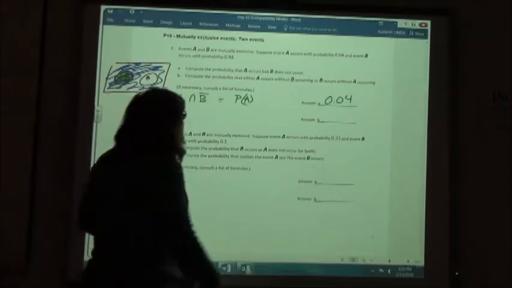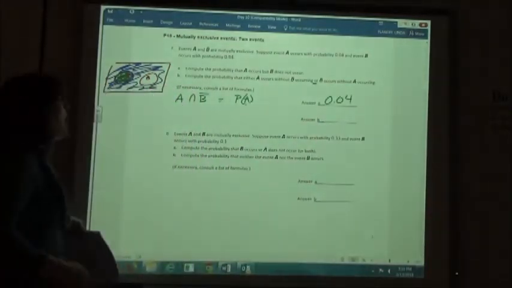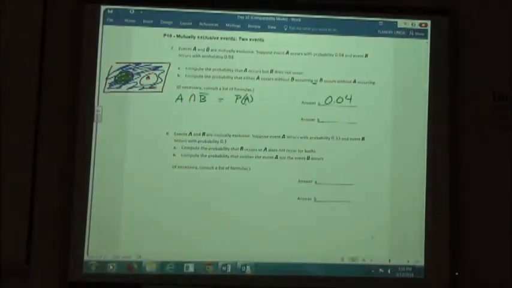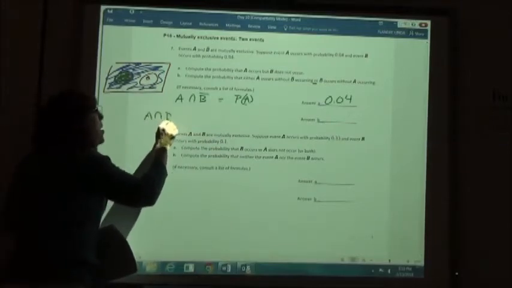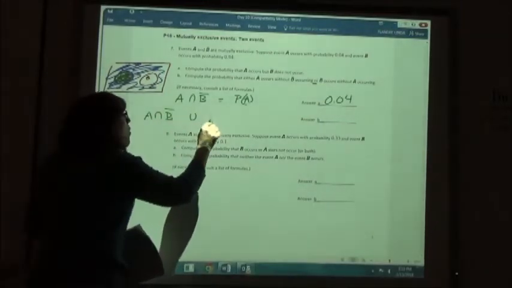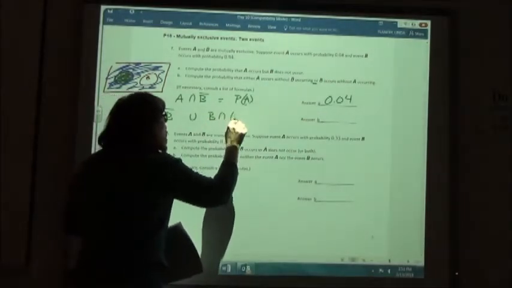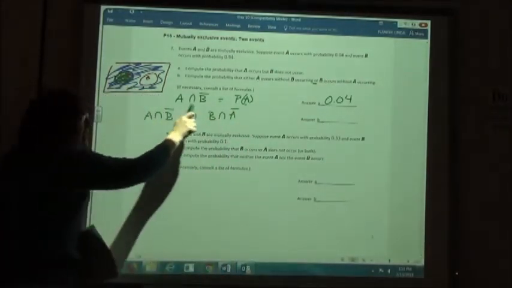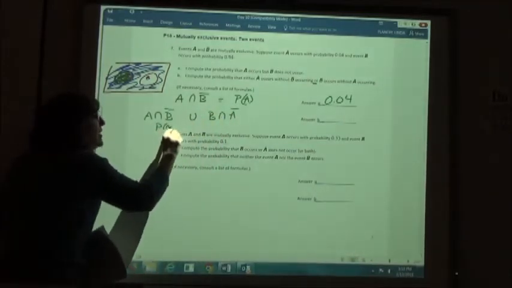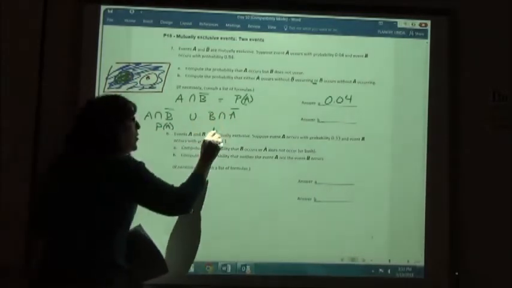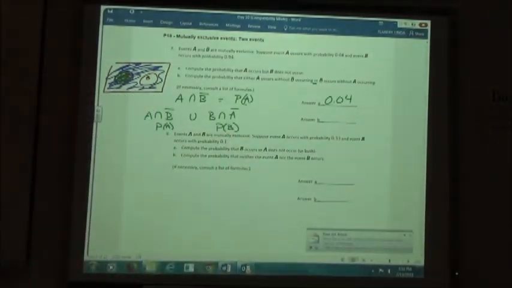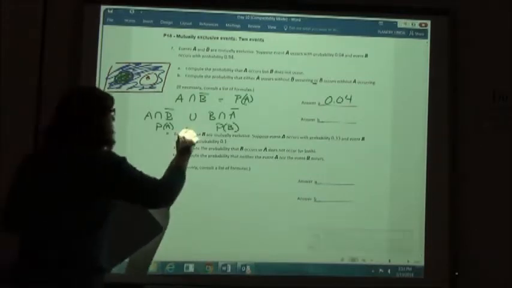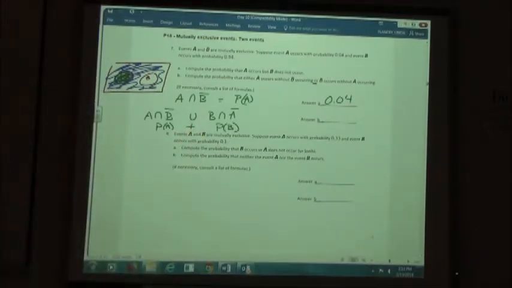The next one is one that has an OR. Compute the probability that either A occurs without B or B occurs without A. So again, if A is going to occur without B, or B is going to occur without A, then in this case, that's like this top one, only the probability of A, and this one would end up being only the probability of B. Since that's an OR, we're going to add those two probabilities together.